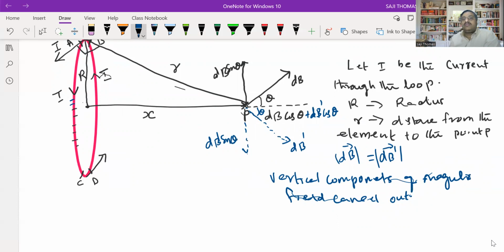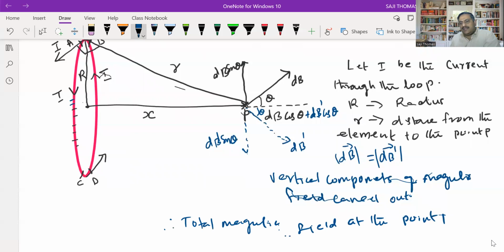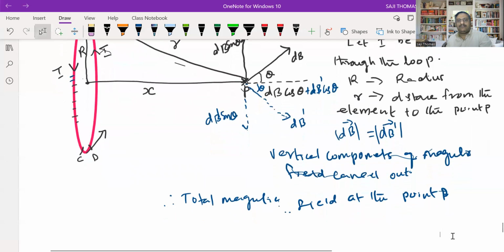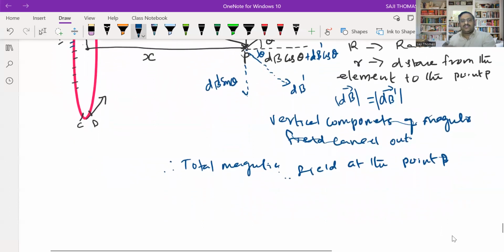So what will be the total magnetic field at the point P? All these horizontal components add up. So the total magnetic field B will be, you have to integrate all these components.